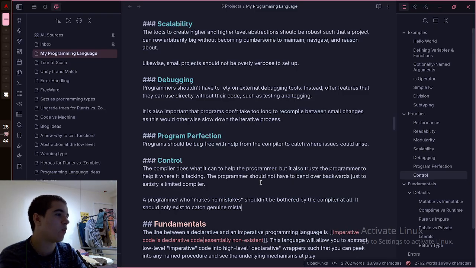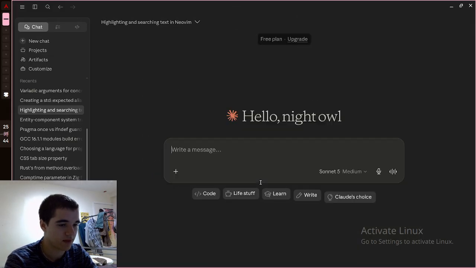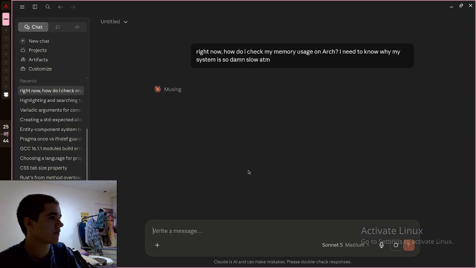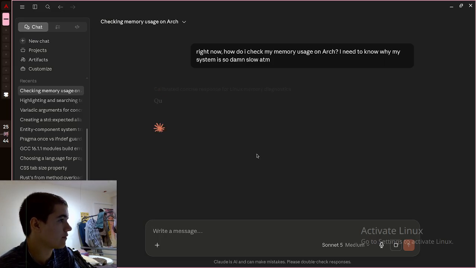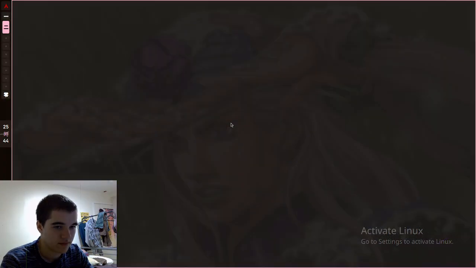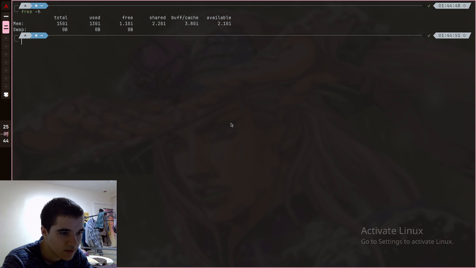Okay, what the fuck? Why am I so slow right now? How do I check my memory usage on Arch? I need to know why my system is so damn slow. free -h. 1.1 gigs free.